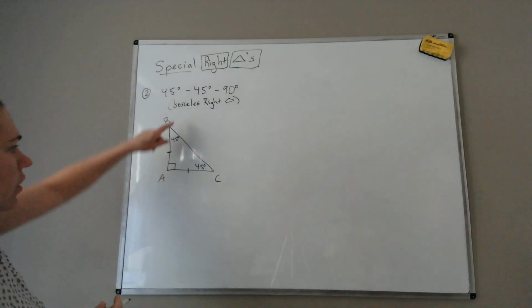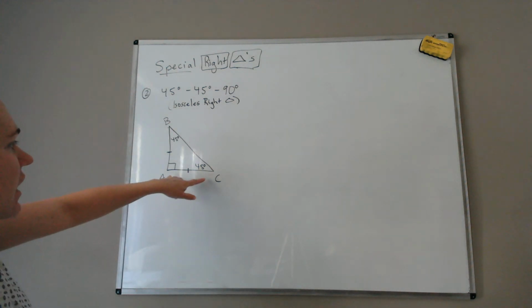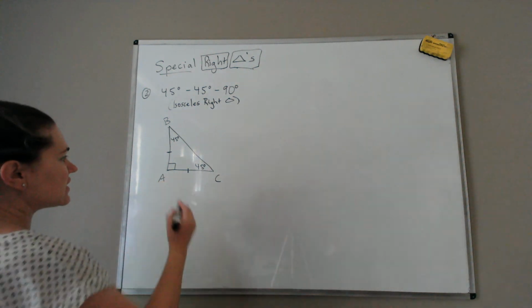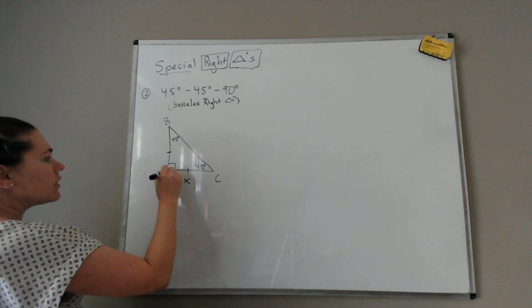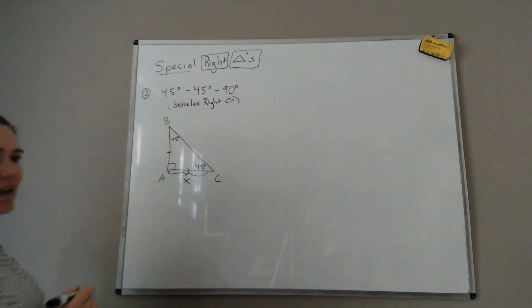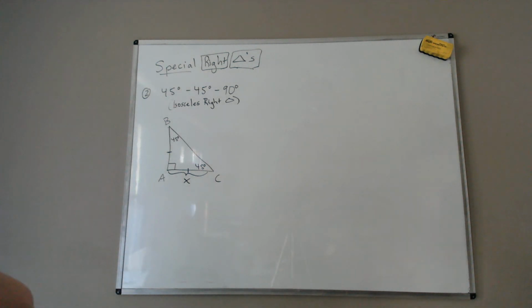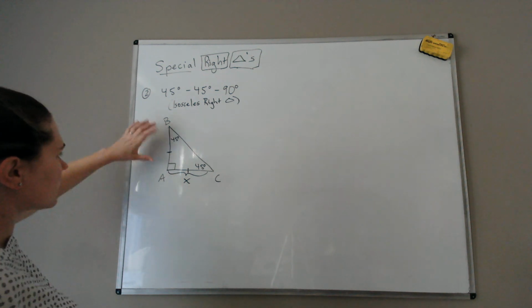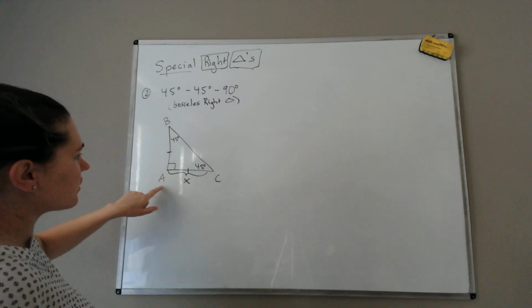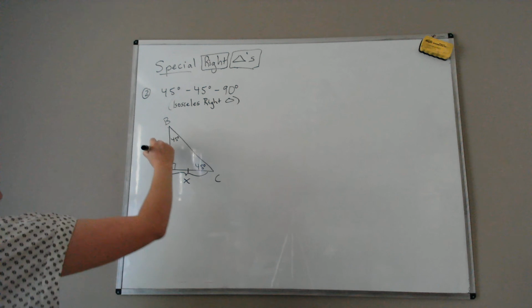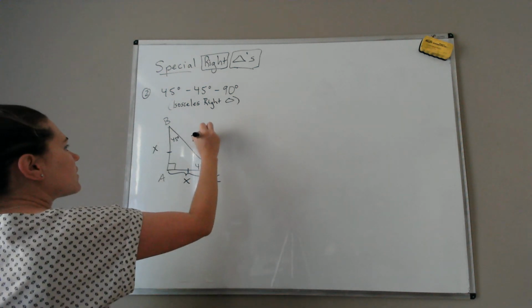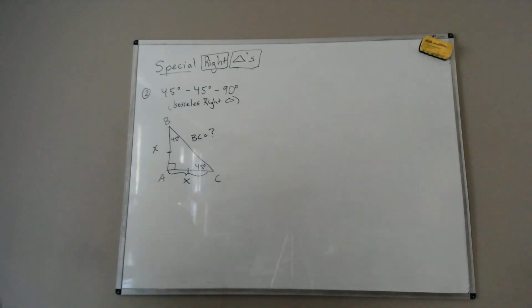I'm just going to give an expression for side length AC. I'm going to call the length of AC x. Remember, it's isosceles, so these two are the same length: whatever the length of AC is, that's the length of AB. So this has a length of x. Right now, we just don't know the length of BC, which is the hypotenuse of this 45, 45, 90.